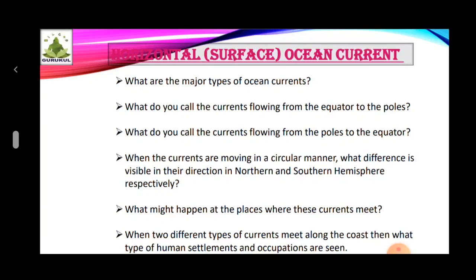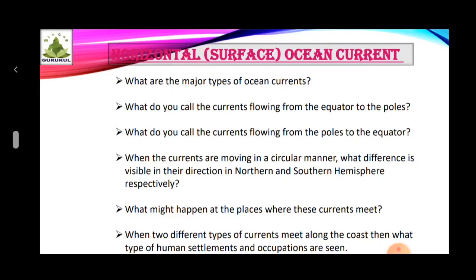Here, students, you can refer to figure 5.4, which shows us the warm ocean currents and the cold ocean currents in the given map of the world. That is on textbook page number 31. The answer to our question is, the currents flowing from the poles to the equator are called the cold ocean currents.